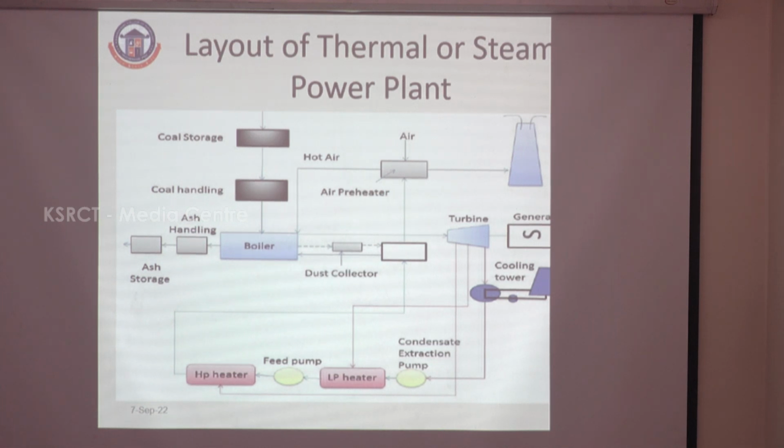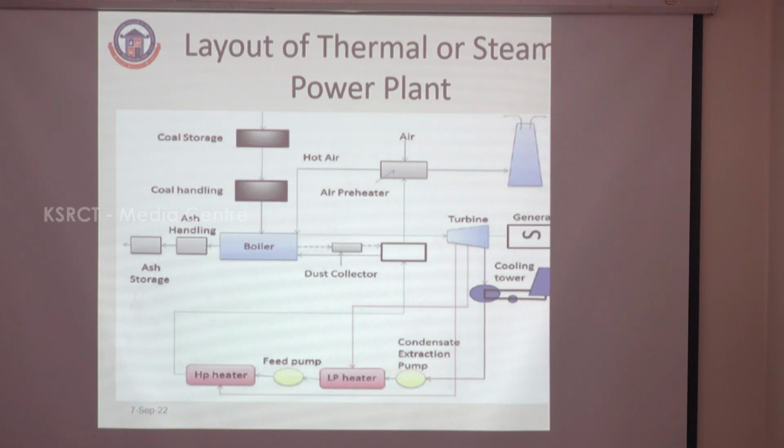The coal circuit consists of the coal storage unit and the coal handling unit. The coal comes from the coal storage yard and then goes into the coal handling area. Then finally the coal reaches the boiler.